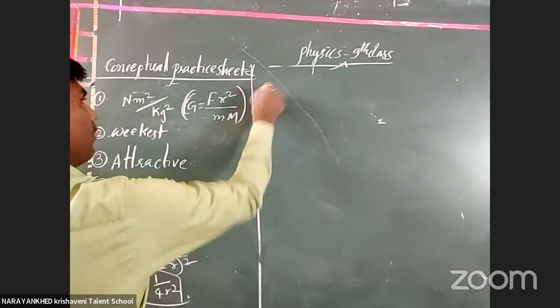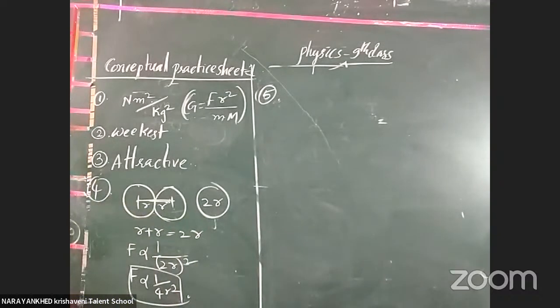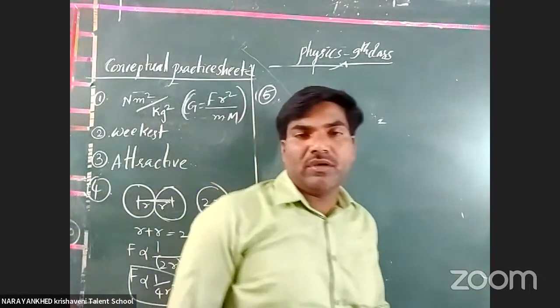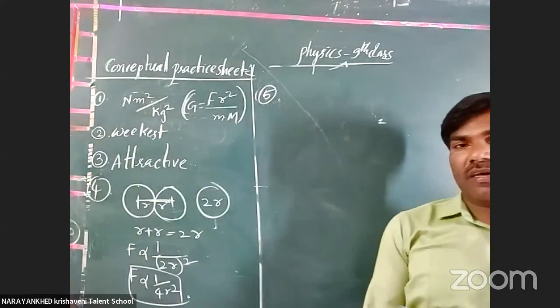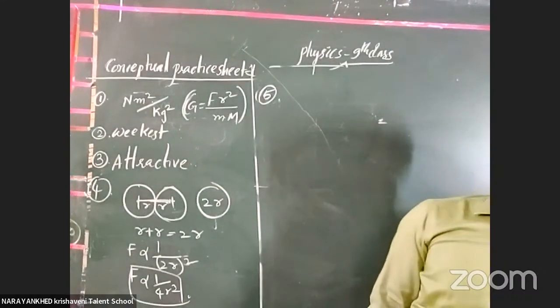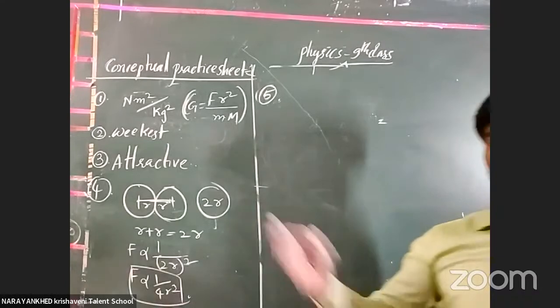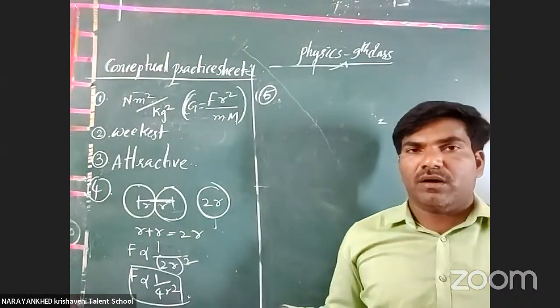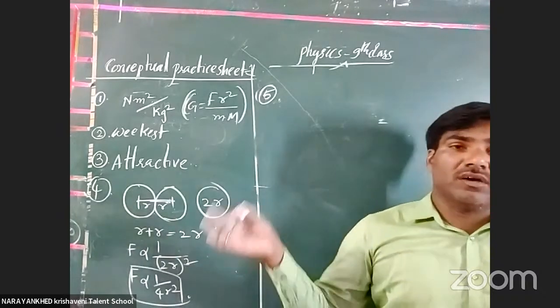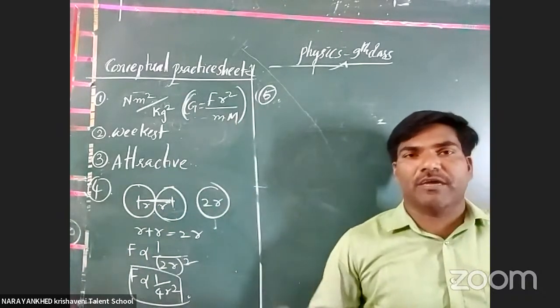Next, the fifth one: mention the properties of gravitational force. That is synopsis based. Five properties are there, and you have to write them. The first is that it does not depend on the medium between the bodies. It is an action and reaction pair force.